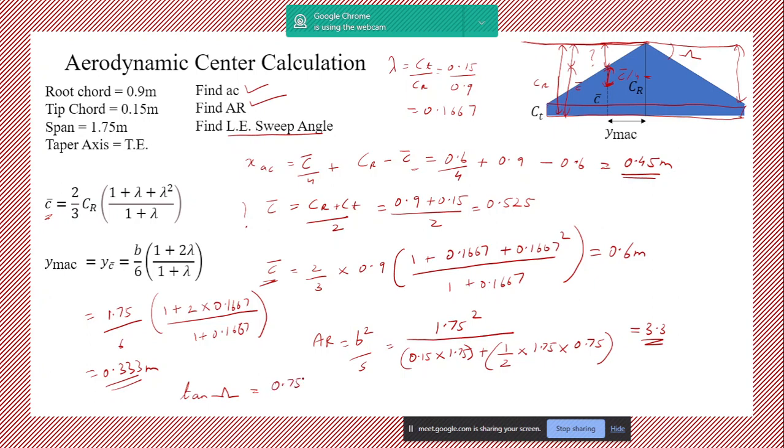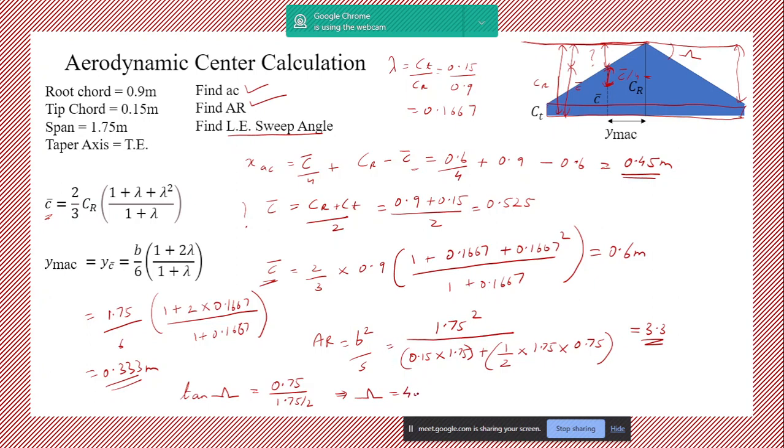Yes. Okay. So your sweep angle: tan of the angle is 0.75 divided by 1.75 by 2. Tan inverse angle is around 40 degrees.